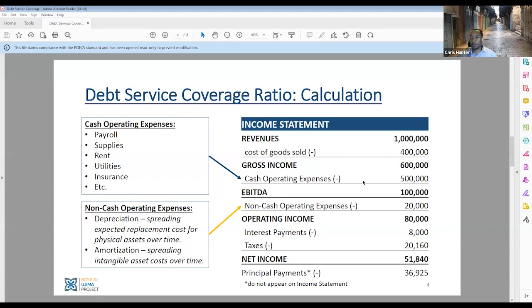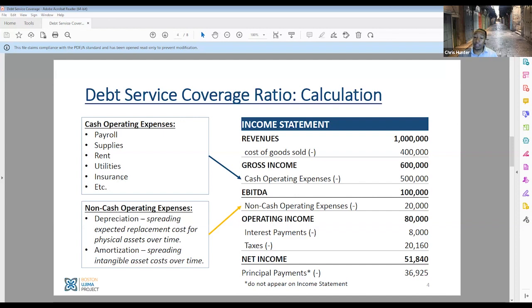And then we have what I'm categorizing as cash operating expenses. If we pull apart what that means, it's all of the payroll, all the labor, any supplies, rent, utilities, insurance. This is paying for the point of sale.